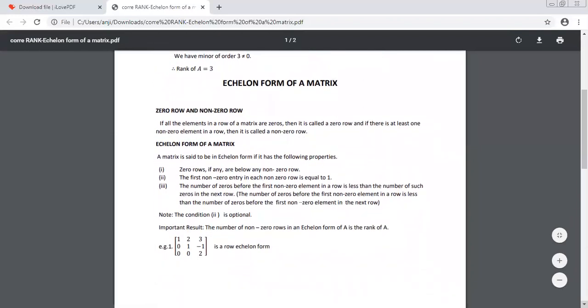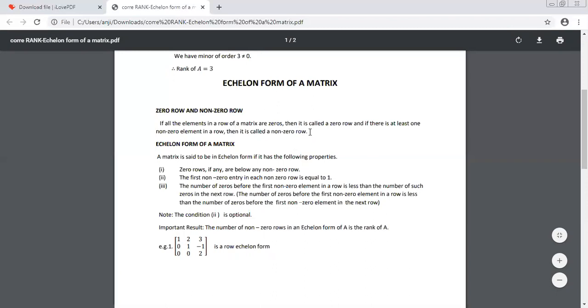Now we see the echelon form of a matrix. Before this topic, first we should know about zero rows and non-zero rows. A zero row is when all the elements in a row of a matrix are zeros. If there is at least one non-zero element in a row, then it is called a non-zero row.